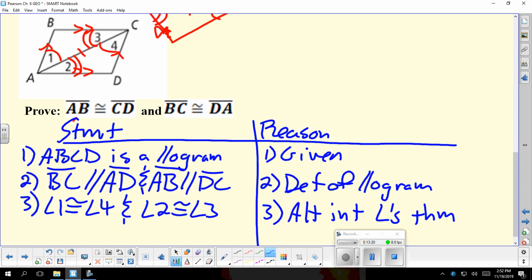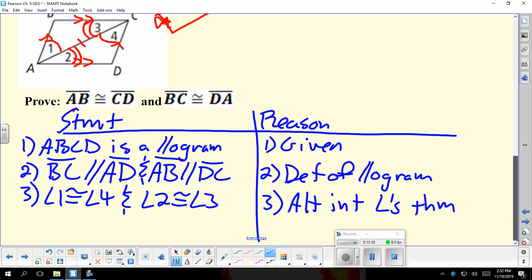These lines are parallel, so alternate interior angles are congruent. Next, I want to say that AC is congruent to AC. The reason for that? Reflexive. Everyone gets that one.